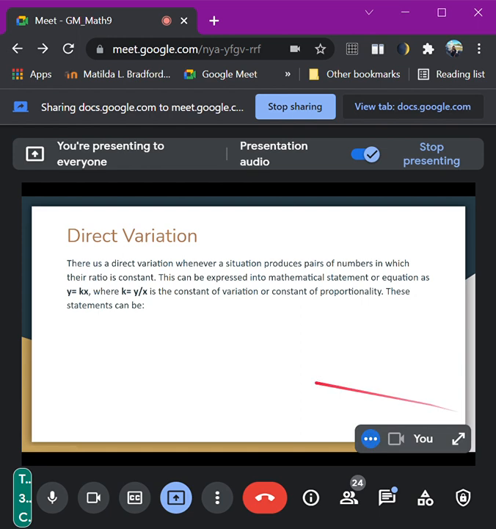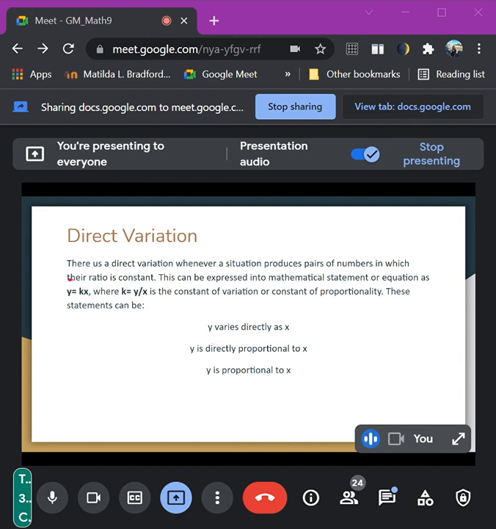These statements can be read as y varies directly as x, or y is directly proportional to x, or y is proportional to x.